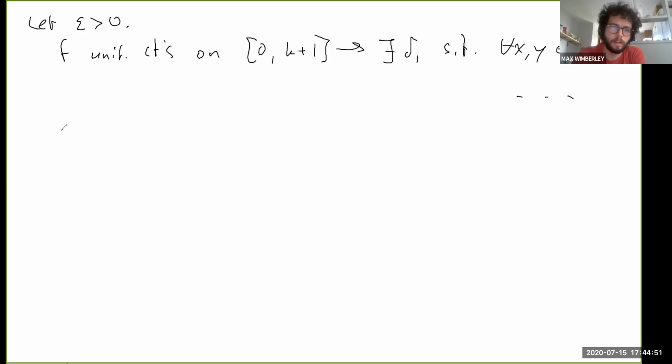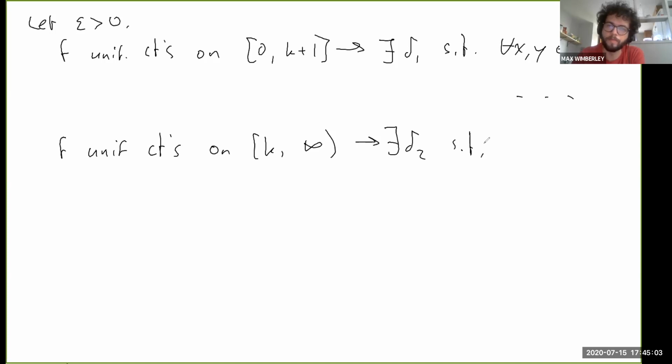And f is uniformly continuous on [k, infinity) means there exists a delta 2 such that for all x, y in [k, infinity), yada, yada.